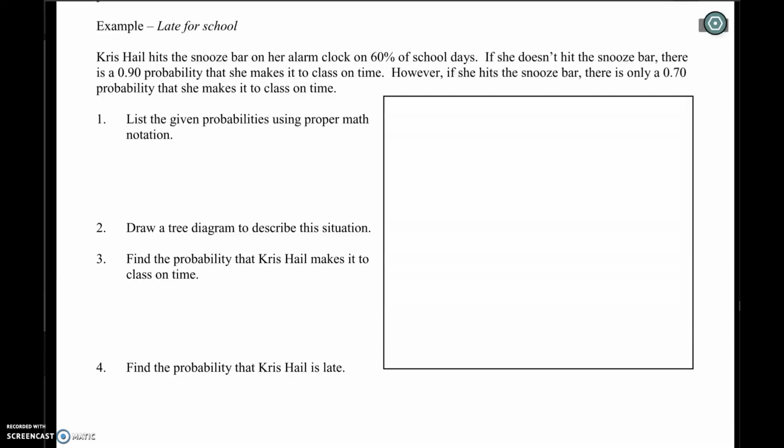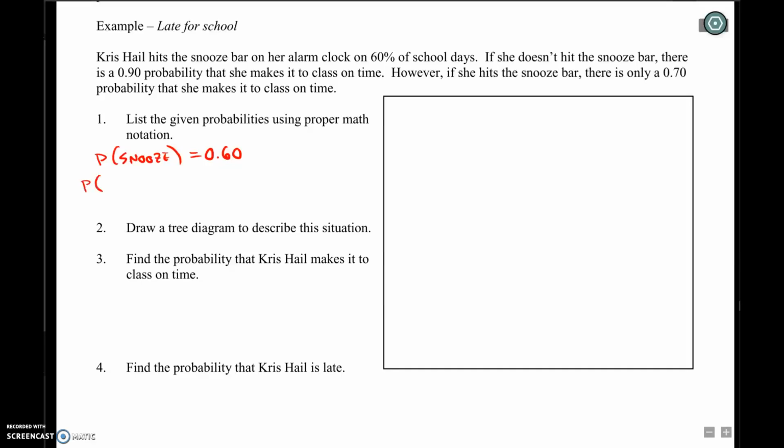All right, so she hits her snooze 60%. So the probability she hits her snooze is 60%. If she doesn't hit her snooze bar, there's a 90% chance she makes it to school on time. So that's not the probability she makes it to class on time. That's the probability she makes it to class on time given she doesn't hit the snooze bar.